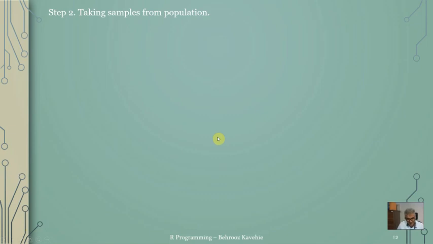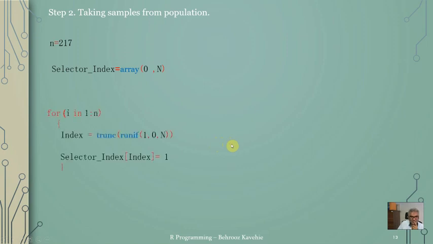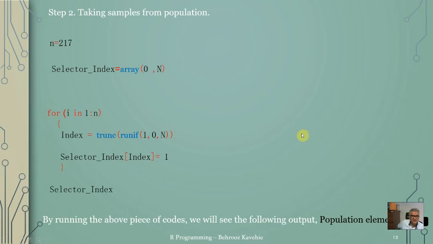Now we move on to the next step, which is our more technical step, sampling. We are supposed to extract a sample from our population. First, we have to state how many samples we need. We define a small n of 270 samples. Please pay attention to the lowercase n.